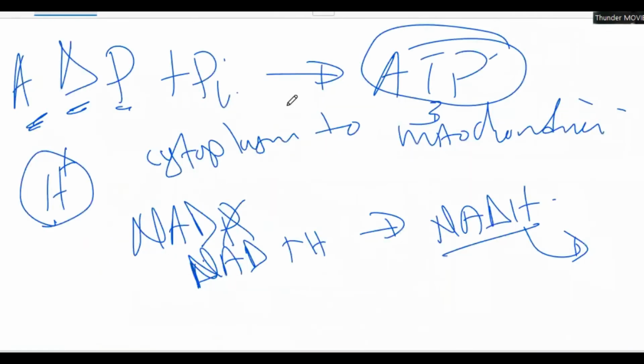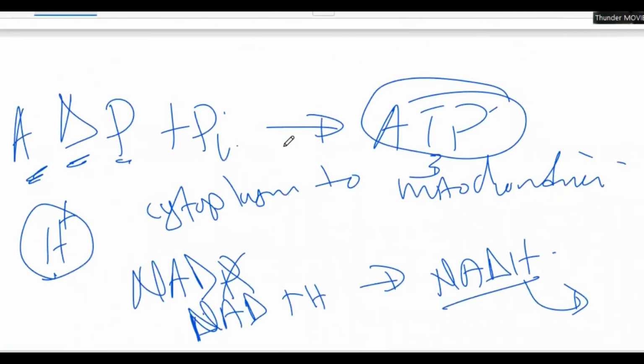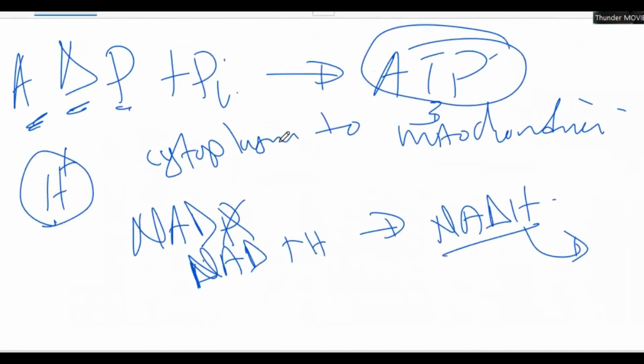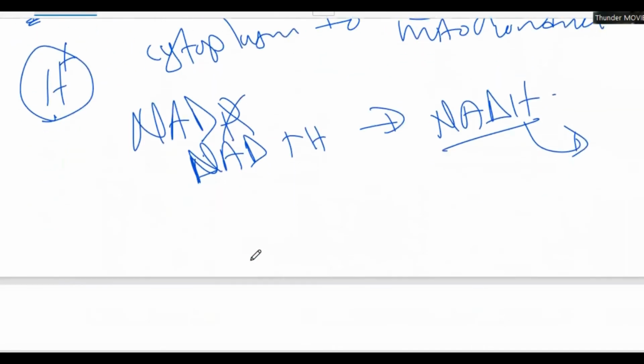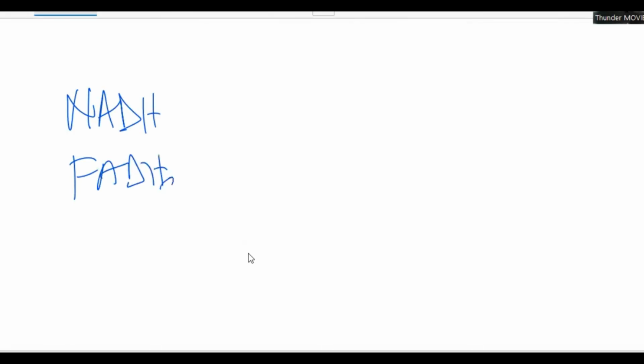Basically, what we are looking at is the NADH and the FADH2. Remember, these two contain hydrogen. They take the hydrogen to oxidative phosphorylation.